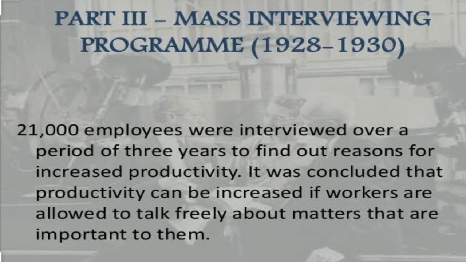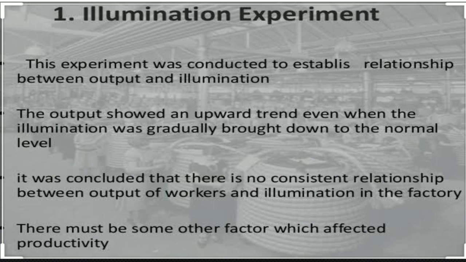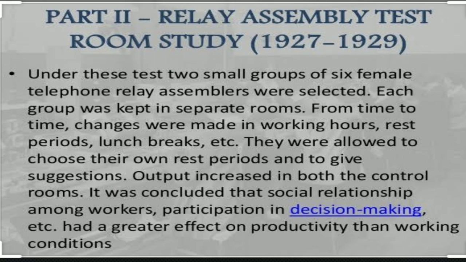But surprisingly, it did not. Because of this, they kept moving with the experiments, and a particular experiment was conducted in 4 parts. The first part, as I said, is the illumination experiment between lighting and productivity, and the next is the relay assembly test room study. So this is all about today's video class.